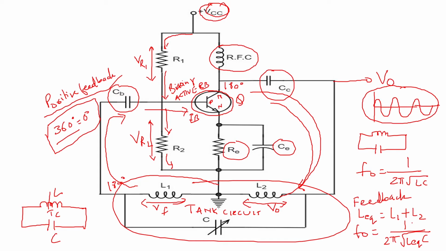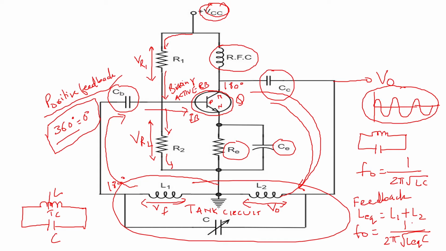Because of positive feedback, the output will oscillate, and the oscillations will be supported by your tank circuit, because in the tank circuit, first the capacitor gets charged, then it will discharge, and the inductance L, that is L1 and L2, will start storing energy in the form of a magnetic field.